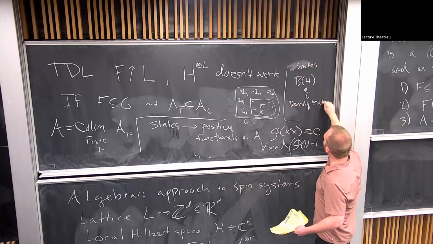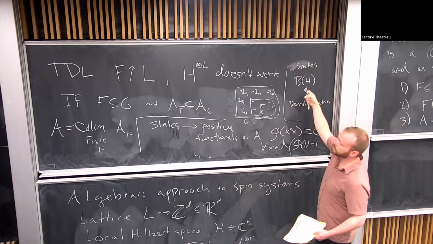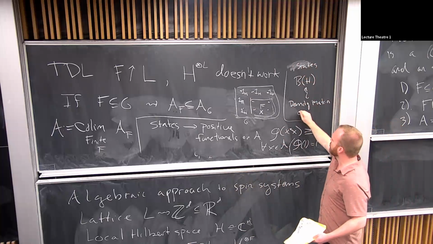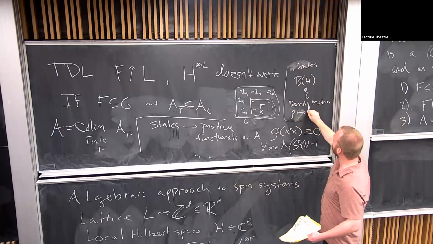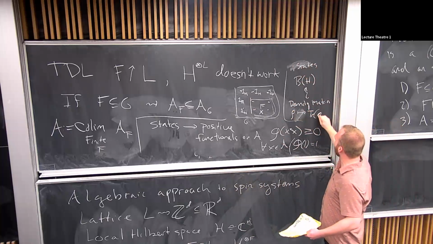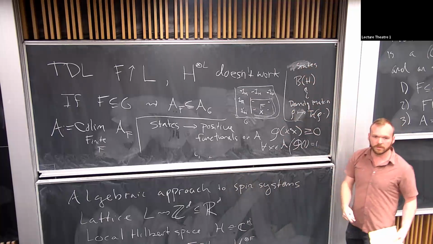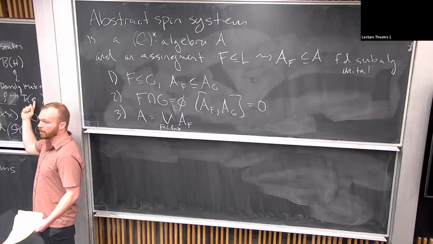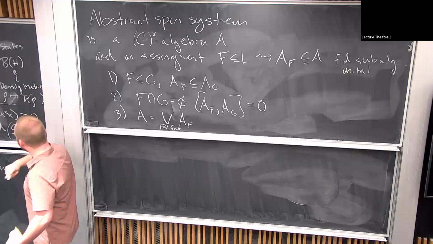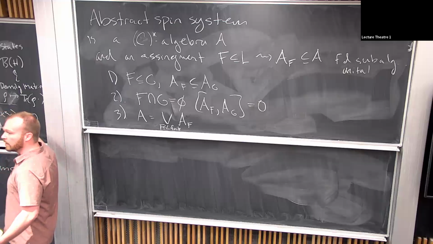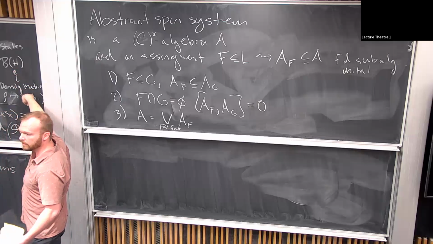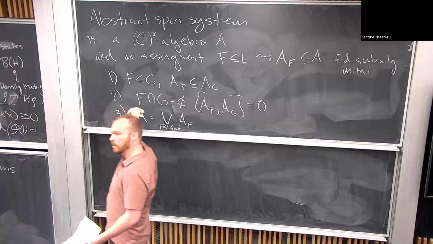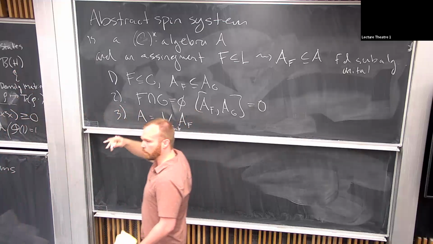How does it work? Well, how do I take a density matrix and build a positive linear functional? If rho is a density matrix, you consider the functional which takes trace against the density matrix. So if I have an operator, I multiply the operator by rho and I take the trace. And that will be a positive functional satisfying these conditions. Conversely, in this case, every positive linear functional is uniquely represented by a density matrix in this way. So that's the correspondence.